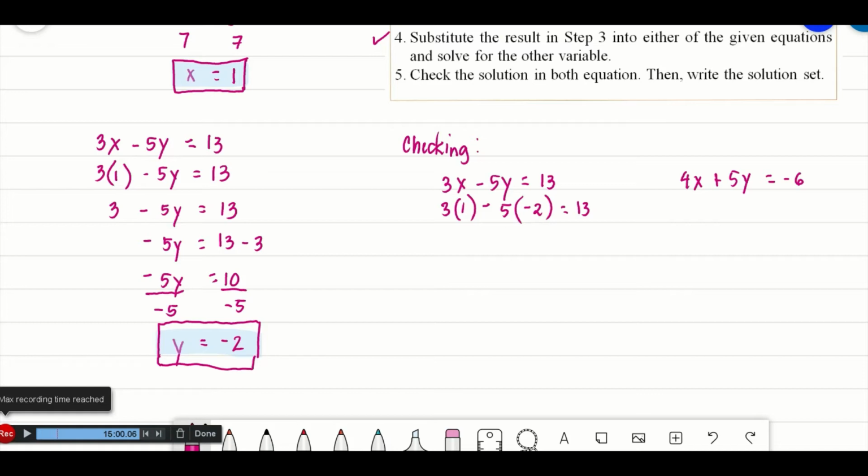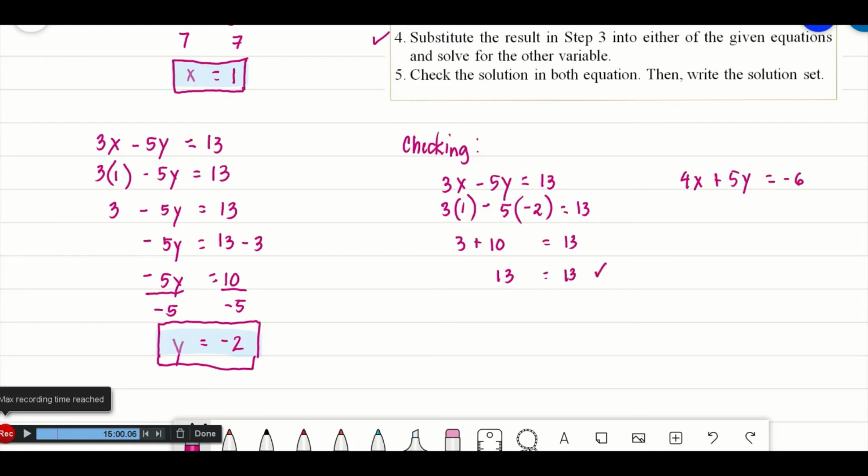Here we have 3 times 1 is 3, negative 5 times negative 2 is positive 10. So plus 10 equals 13. Now 3 plus 10 is 13, and it equals 13. So our values for x and y are true for the first equation.